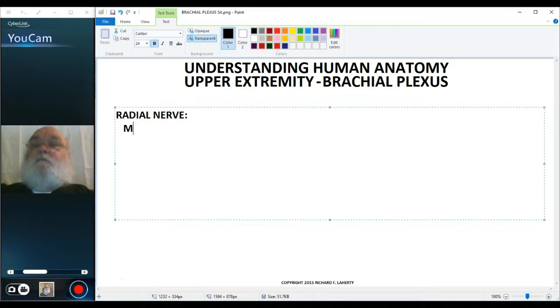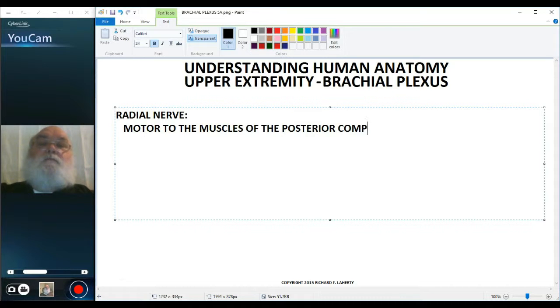And the radial nerve is motor to the muscles of the posterior compartments of the arm and forearm. So all the extensor muscles are innervated by the radial nerve.